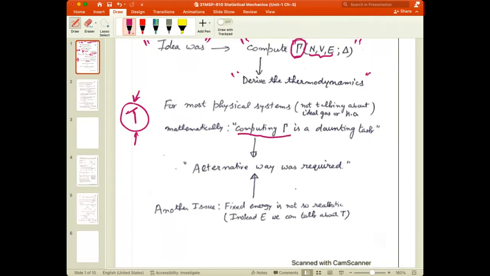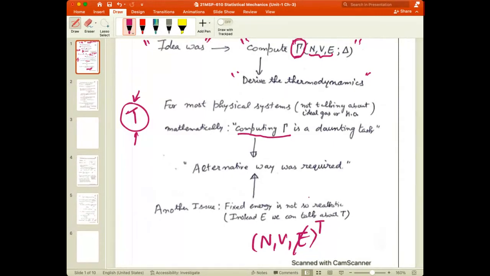Such a scenario doesn't come under the microcanonical ensemble. The ensemble we will be dealing with is the canonical ensemble, and there the macro state would not be specified by NVE. Instead of this E, we'll be talking about the temperature of the system, right?